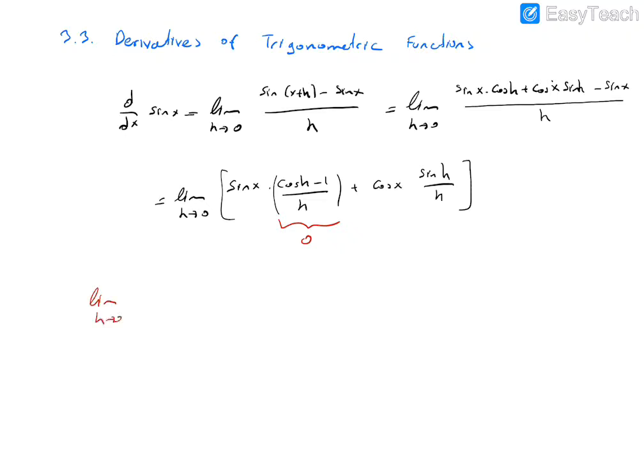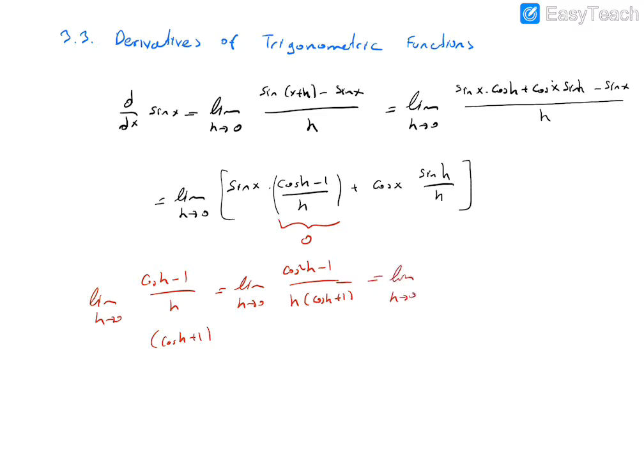Consider the limit as h goes to 0 of (cosine h minus 1) over h. By multiplying and dividing by the conjugate, cosine h plus 1, we obtain cosine squared h minus 1 over h times (cosine h plus 1), and the numerator has a minus sign.